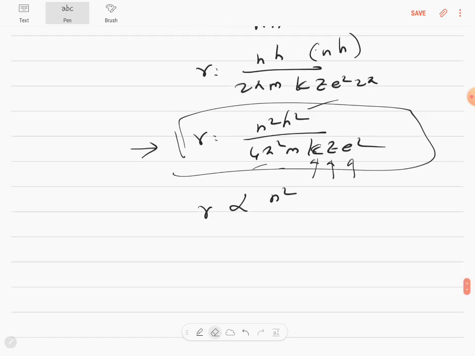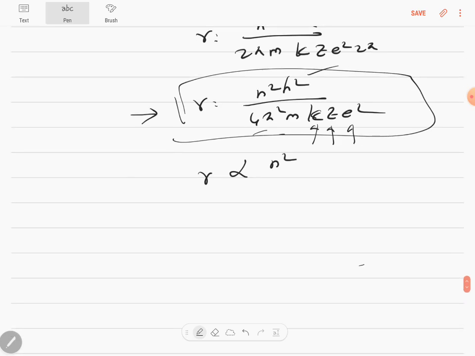So this constant value itself is 0.53. r is equal to r naught into n square, where this whole group of constants together forms r naught, whose value is 0.53 Angstrom. So r is equal to 0.53 Angstrom, that is 10 to the power minus 10 meters, into n square.